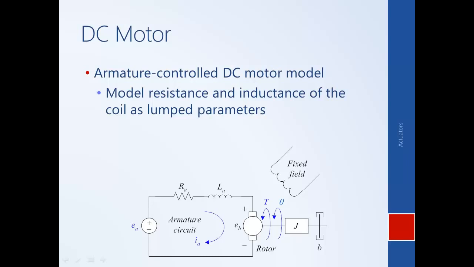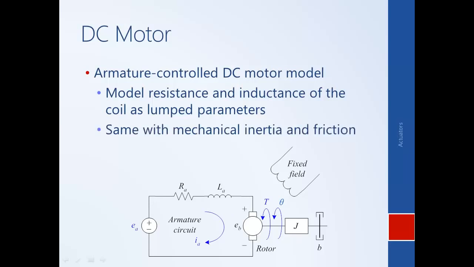And so there isn't literally a resistor and an inductor within the motor, but we can take that long length of wire and we can capture its resistance properties in a single parameter R_A and a single inductance parameter L_A.